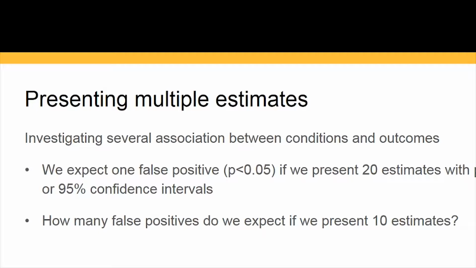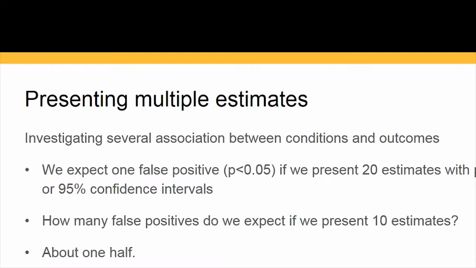So how many false positives do we expect if we present 10 estimates? So that corresponds to testing 10 hypotheses. And let's assume that all the null hypotheses are true.